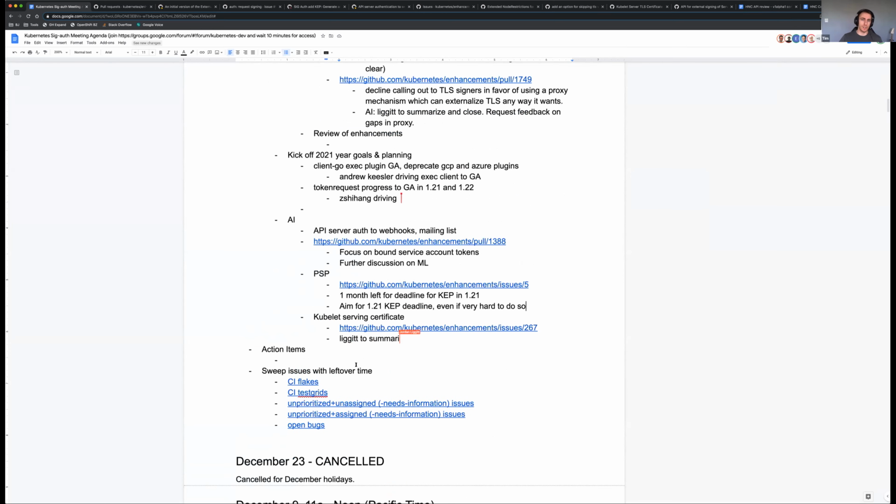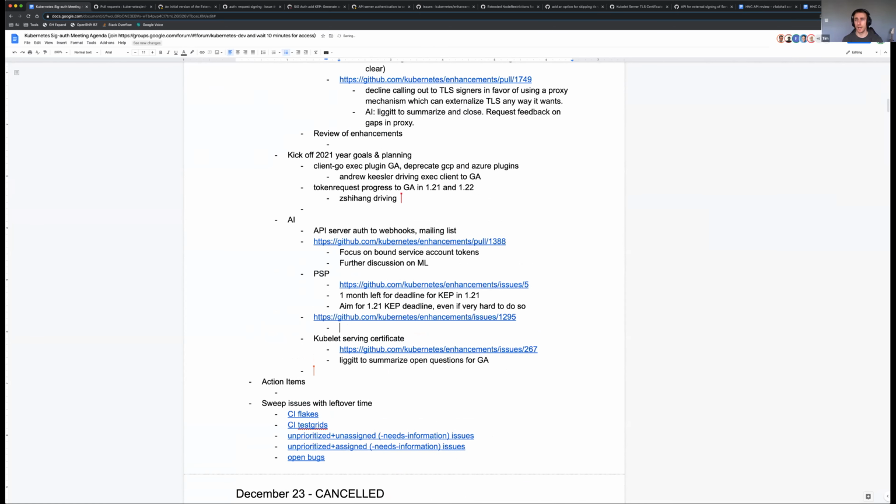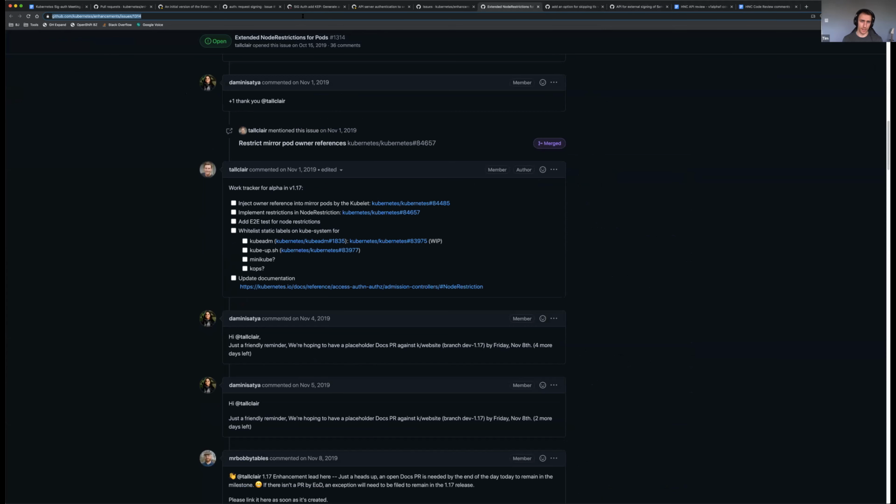There's a separate issue around how we want to handle labels on mirror pods. The KEP had a proposal that got accepted, but then there were some problems with bootstrapping around that that needed to be rethought. So that's where we stand on that.